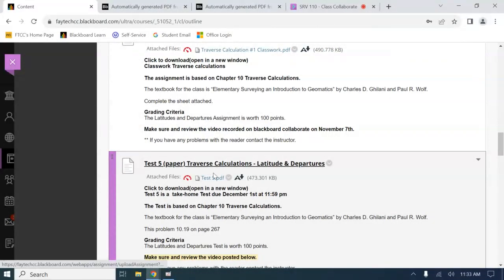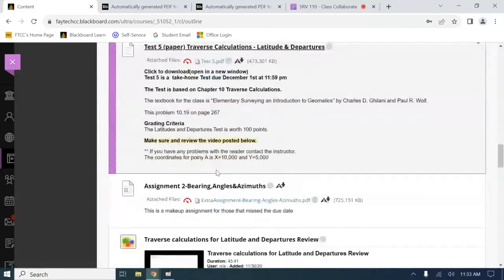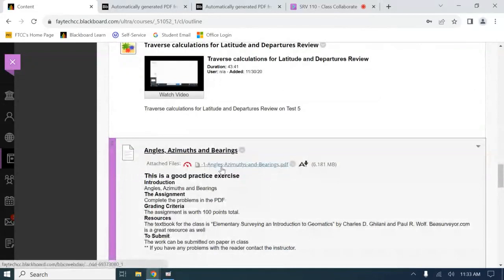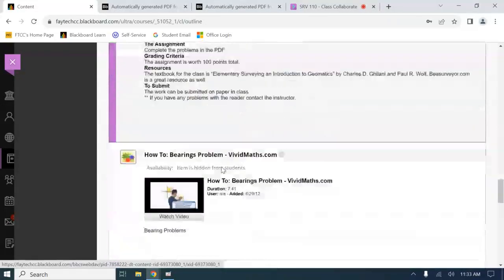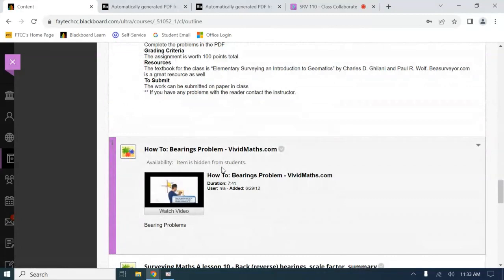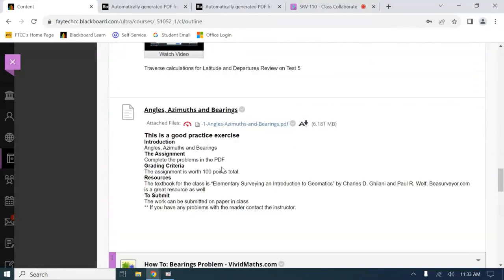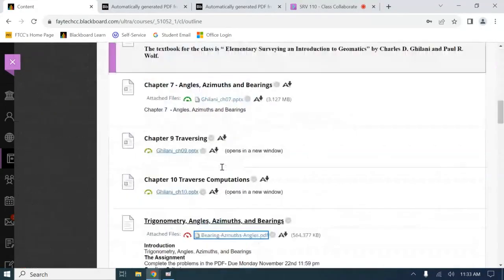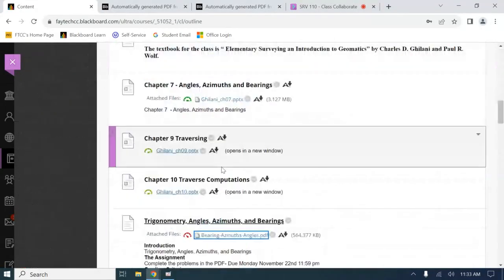That's latitude and departures. Are we talking about the surveying 110 exam number 2 due on Wednesday, or something else? There's an exam and the homework. Are they both due Wednesday?